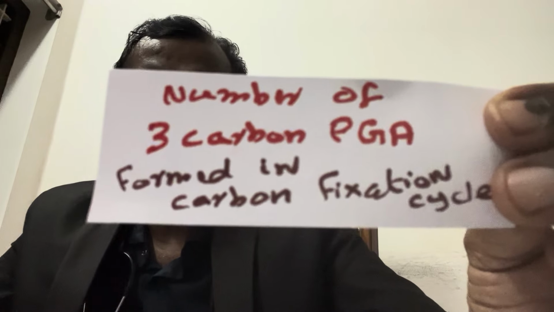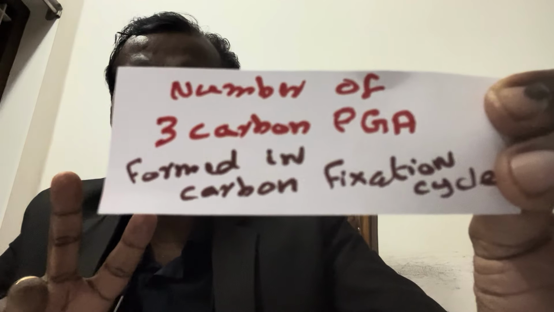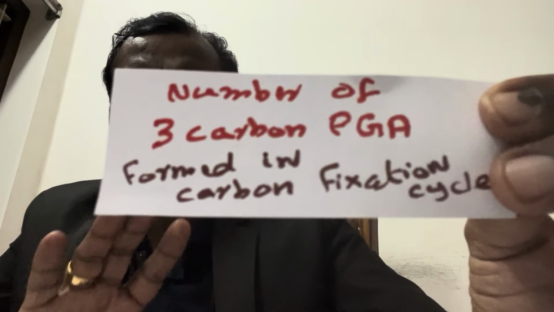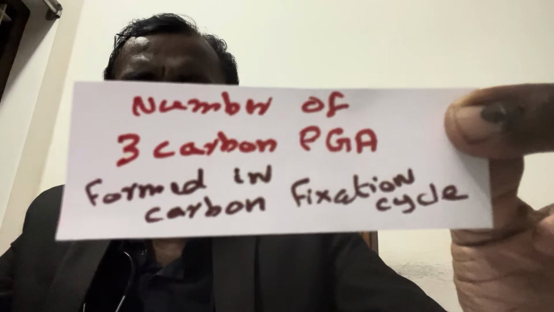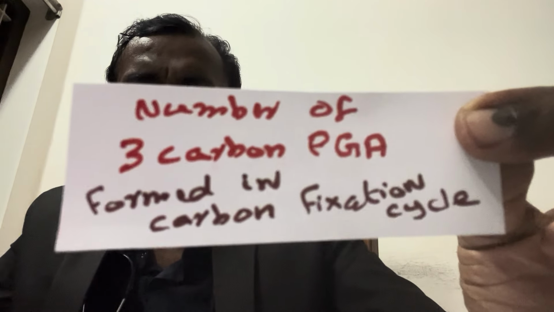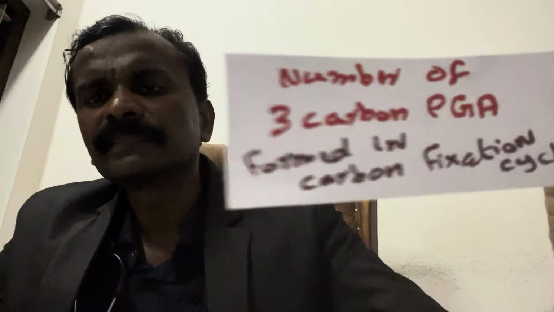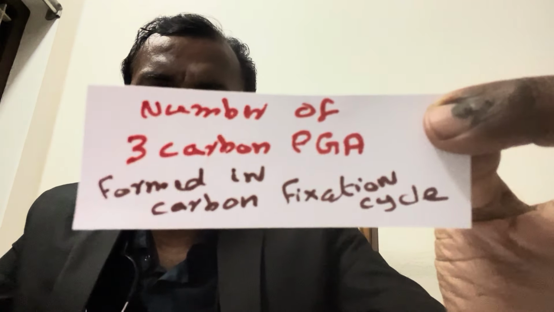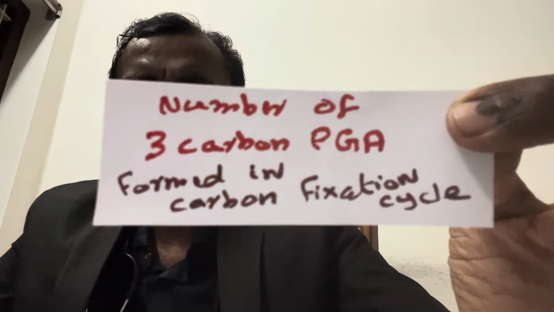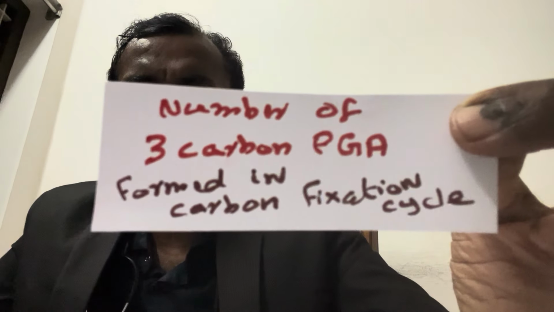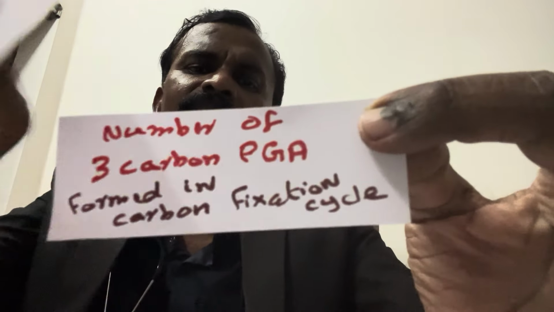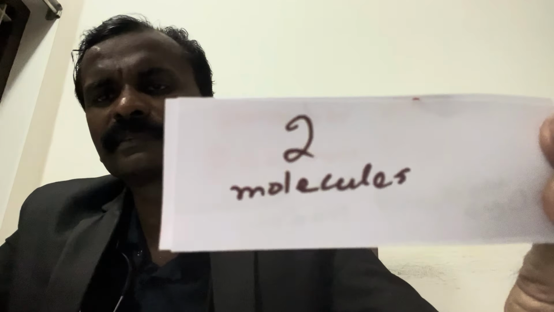That is 2 molecules of 3 carbon PGA is formed in carbon fixation cycle. They will ask how many molecules of 3 carbon PGA. The answer is 2 molecules.